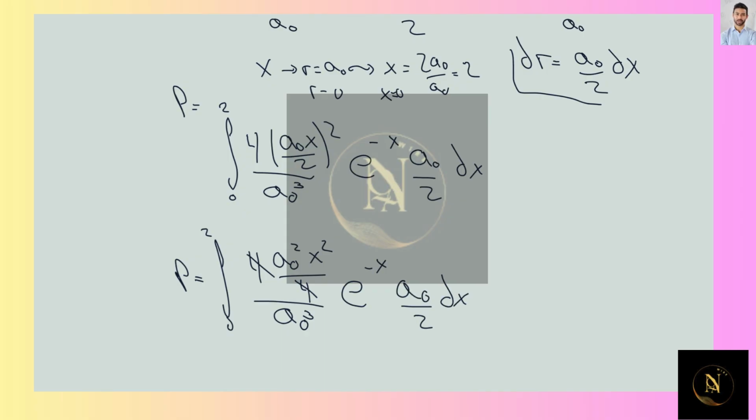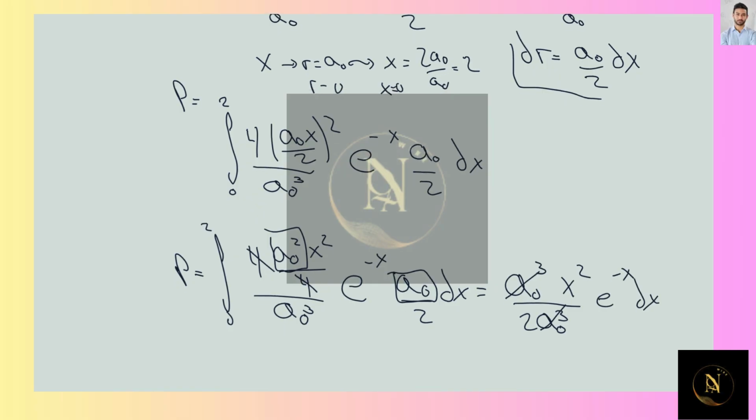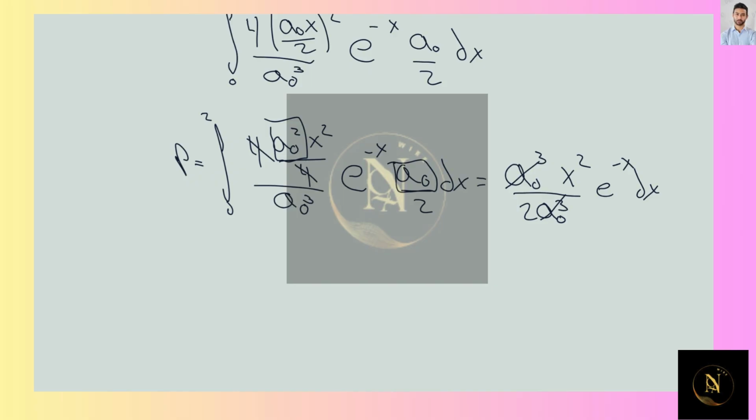As you can see, a0 squared times a0 is going to give us a0 cubed, and this is going to cancel out. So now the integral that I need to solve, from 0 to 2, becomes the integral from 0 to 2 of x squared e to the minus x divided by 2 dx.